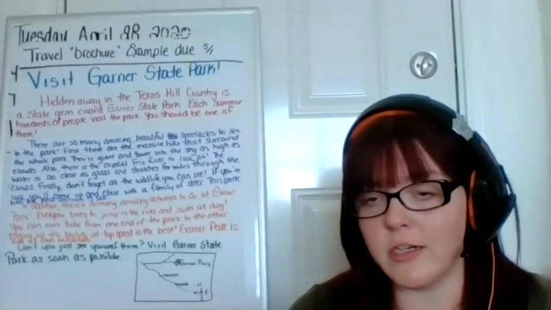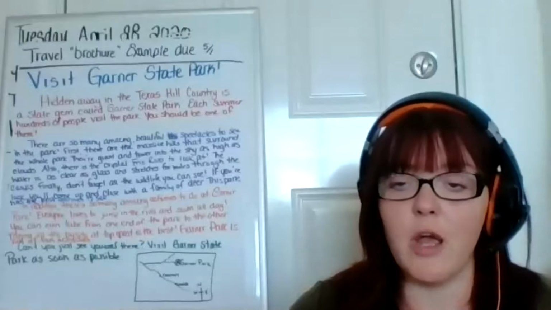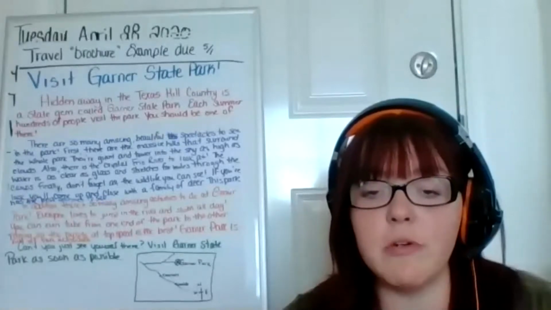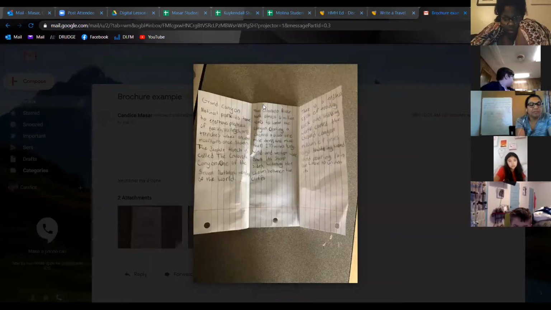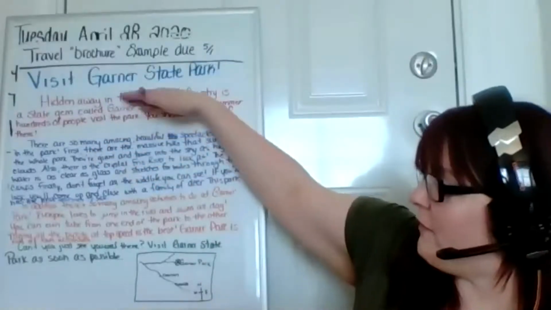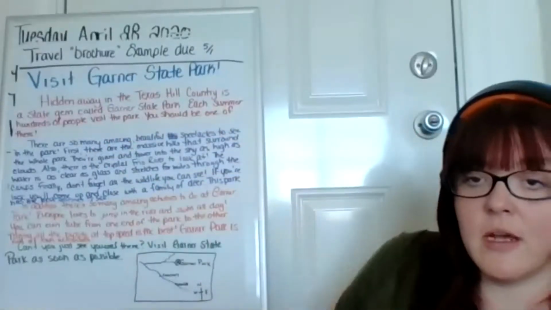Even that brochure counts as a composition. When you look back at Layla's brochure, she has 3 paragraphs here. Even though they're separated onto different sections of the paper, this is a paragraph, this is a paragraph, this is a paragraph. When you look at my paper, I have 4 paragraphs.